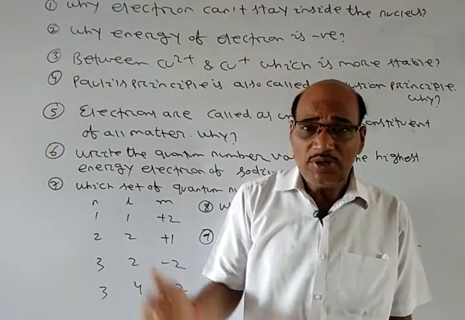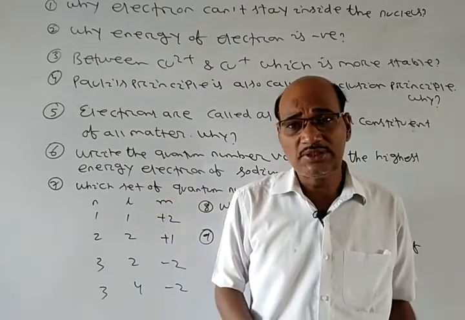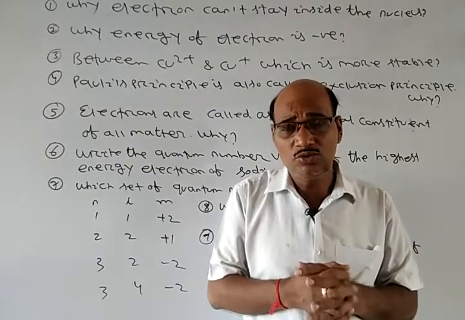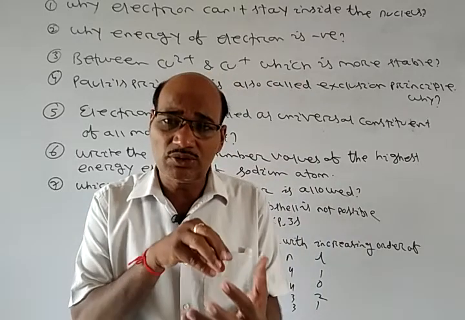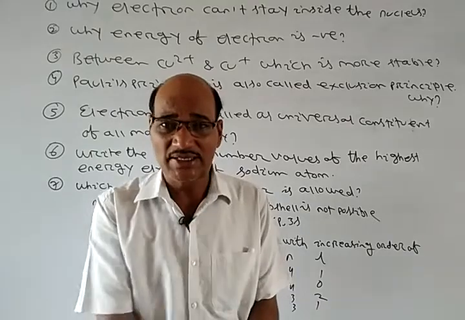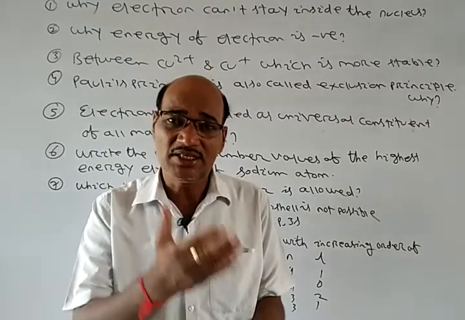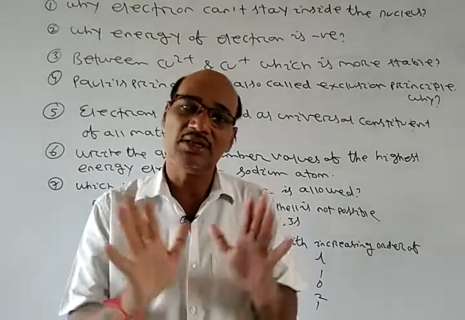Now as we come towards the nucleus, the nucleus attracts the electron. To counter the force of attraction of the nucleus, the electron utilizes its energy, so it is losing energy. That's why its energy is decreasing, and hence we take the energy of the electron as negative.